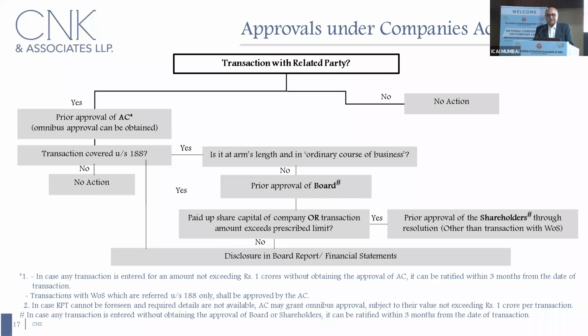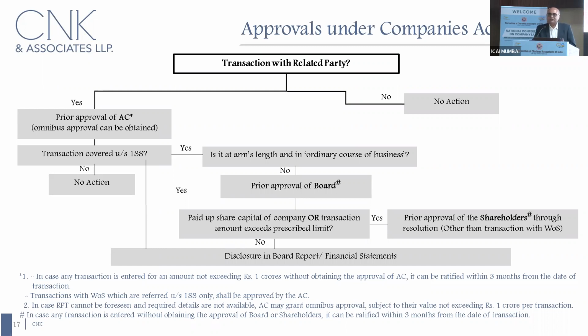But if it is covered under 188, then I have to see, is it at arm's length and in the ordinary course of business? Is the prior approval of the board necessary? What is the paid up capital, or does the transaction exceed the prescribed limit? If yes, then you have to even go to the shareholders. So the approvals are at 3 levels: audit committee, board, and shareholders, depending on the size of the company and the nature of the transaction.